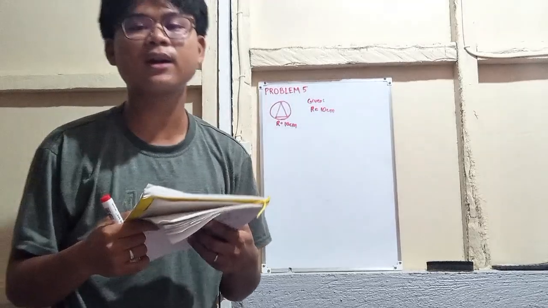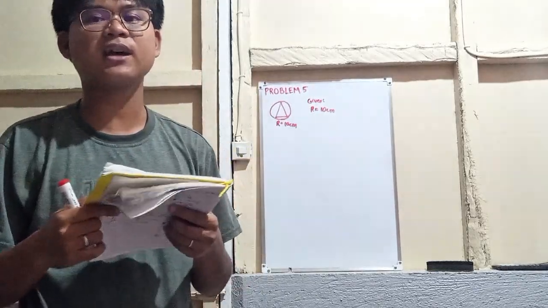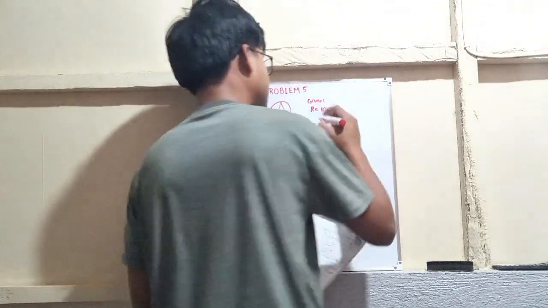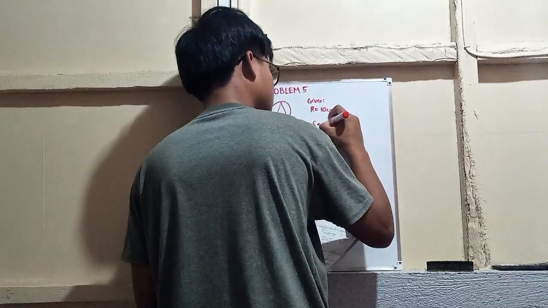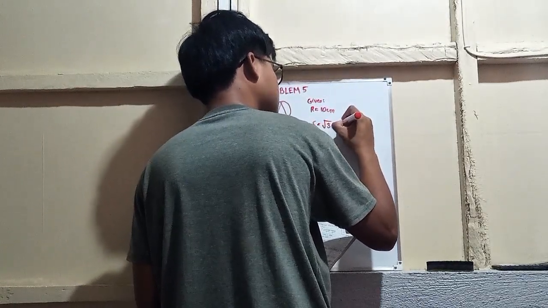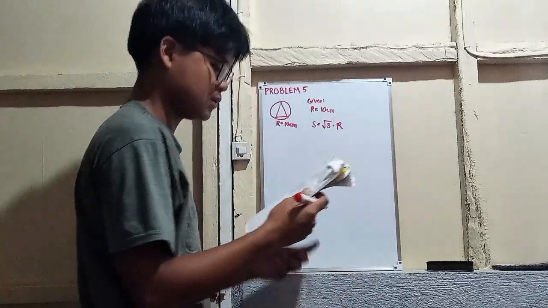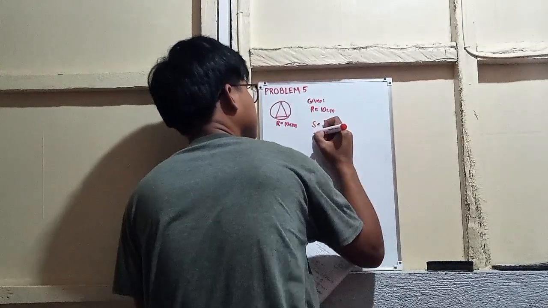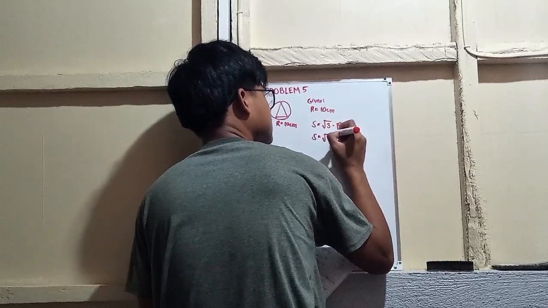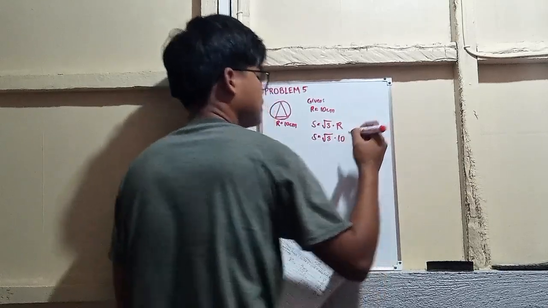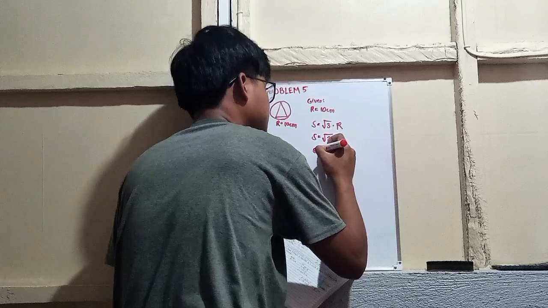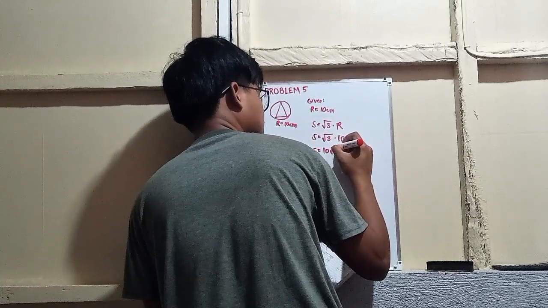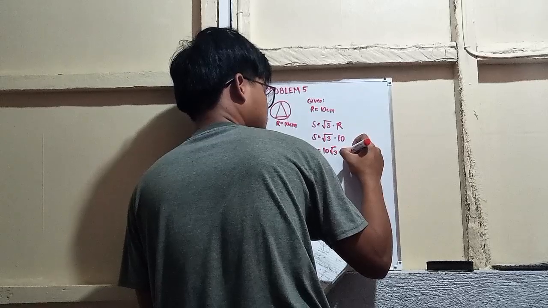So using the relationship of the side and the circumradius, the formula is S equals square root of 3 times the circumradius. So we will substitute the given circumradius, square root of 3 times 10, and we will get the value of the side S, 10 square root of 3 centimeters.